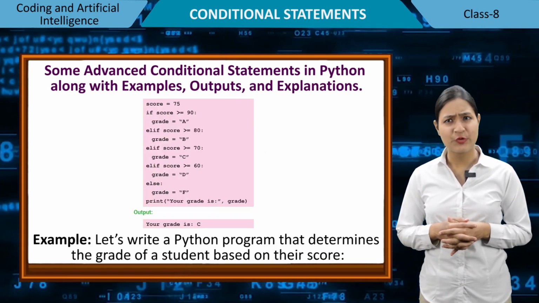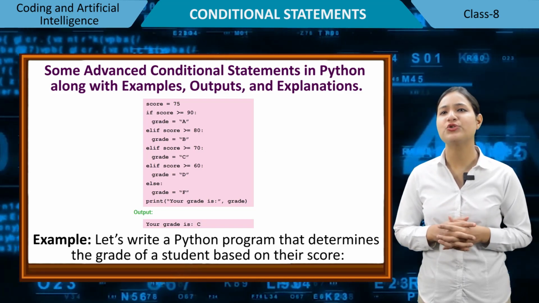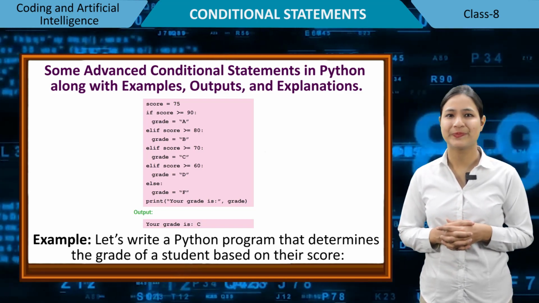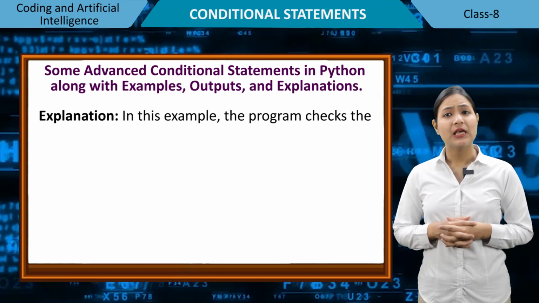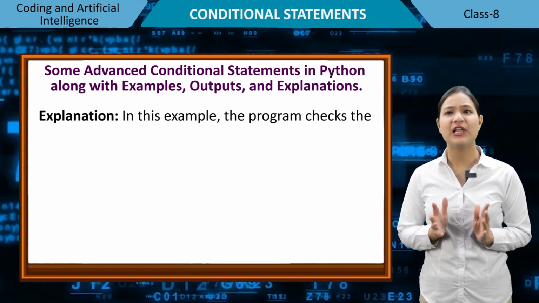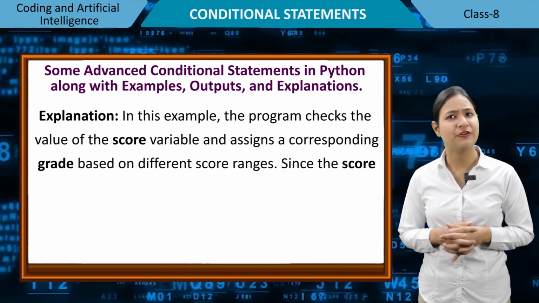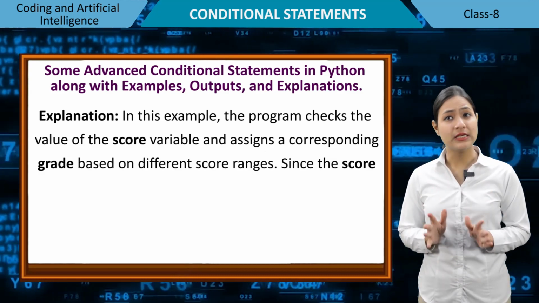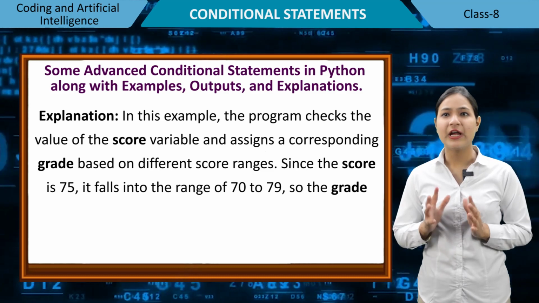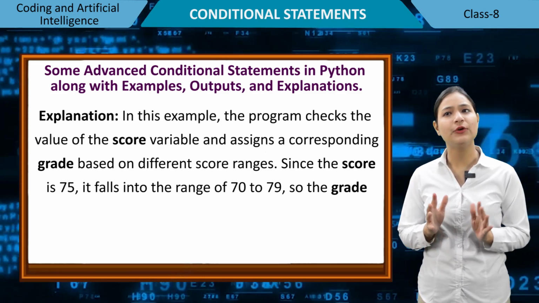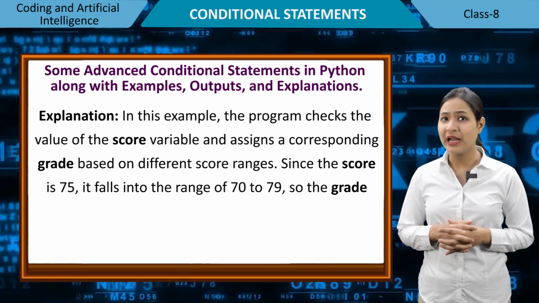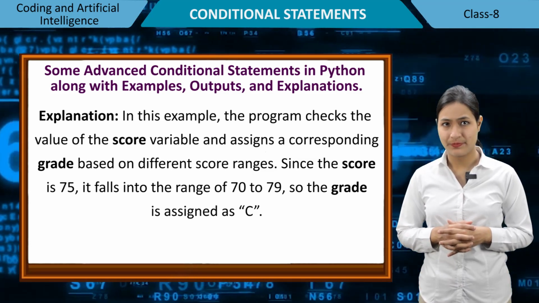Let's write a Python program that determines the grade of a student based on their score. Explanation. In this example, the program checks the value of the score variable and assigns a corresponding grade based on different score ranges. Since the score is 75, it falls into the range of 70 to 79. So the grade is assigned as C.